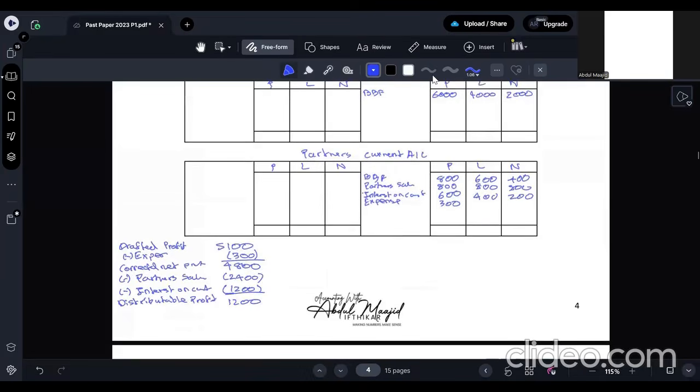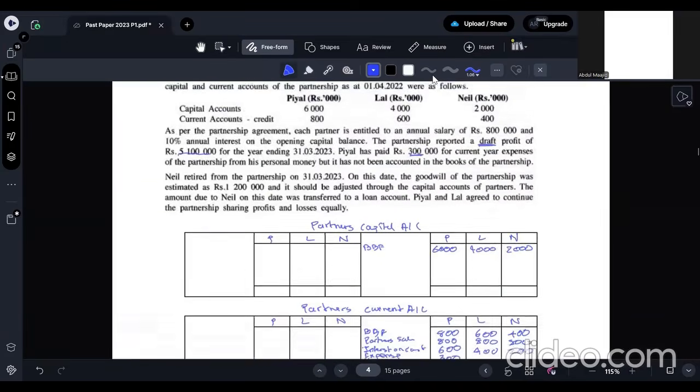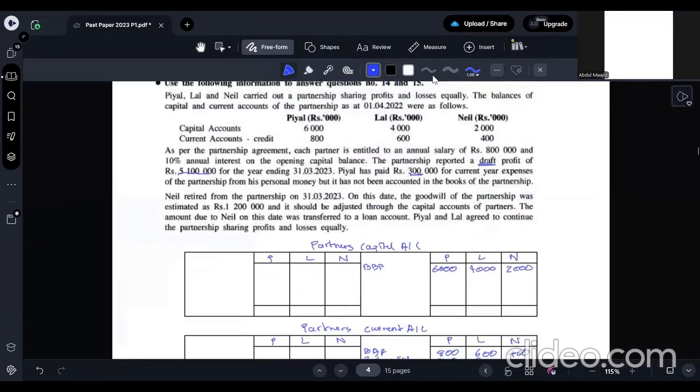So this profit of 1,200, you have to divide it equally between Lal, PL and Neil as 400, 400 and 400. So you can say here profit share 400, 400 and 400. Okay. So next what is happening? Neil retired from the partnership on this date. The goodwill was given.